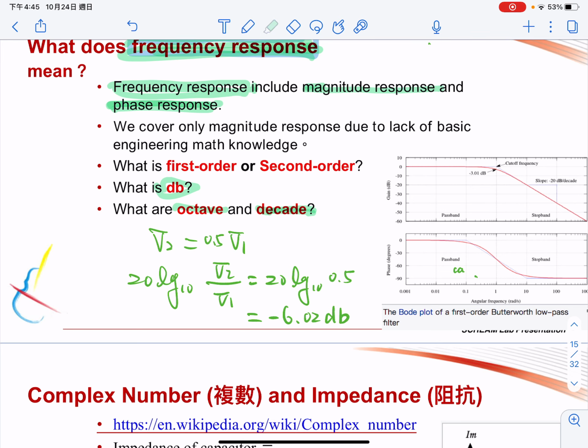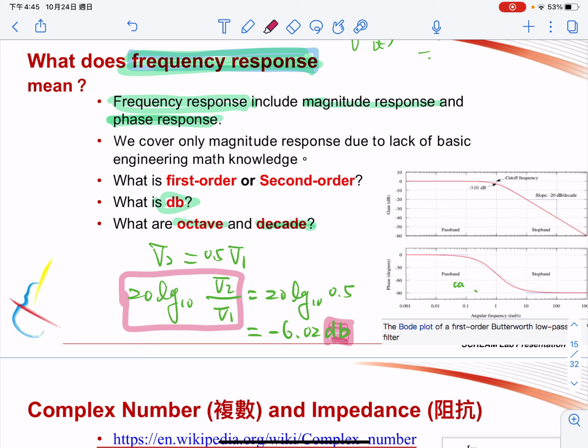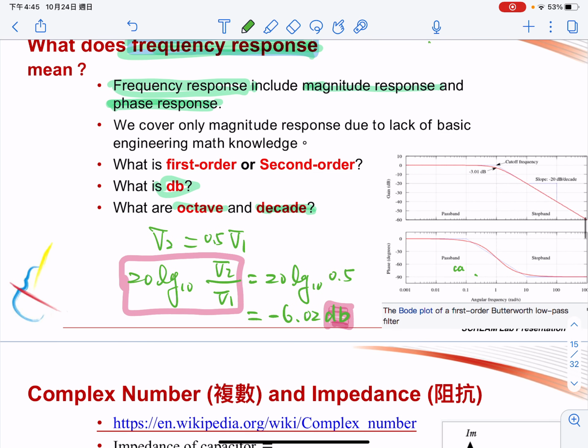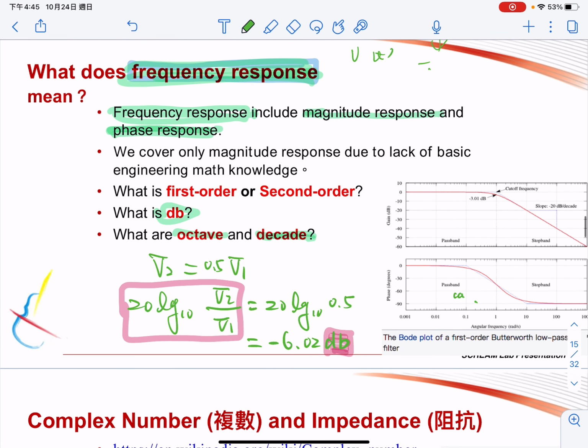Here, we call it dB by this formula. So as you can see, there are some figures.